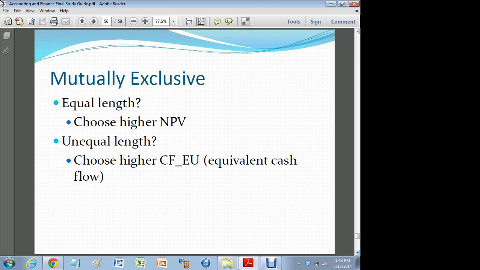And that is just going to involve one more step of calculation once you get the NPV. So you would first calculate the NPV for both of them, and then if you realize you need to calculate the CFEU because they're different lengths, the formula for the CFEU requires that you have NPV first anyways.